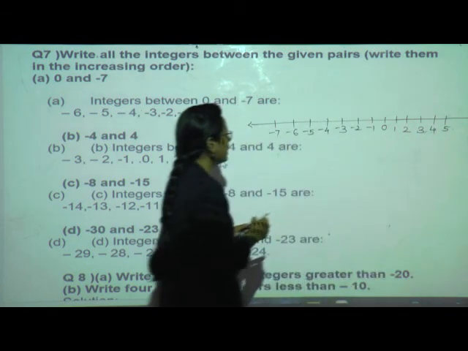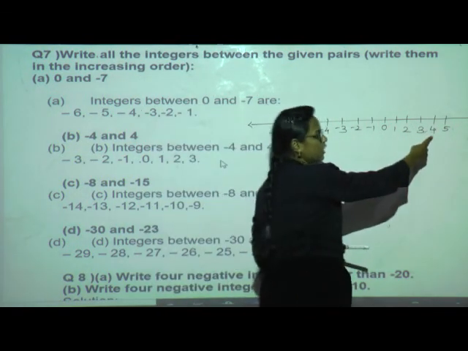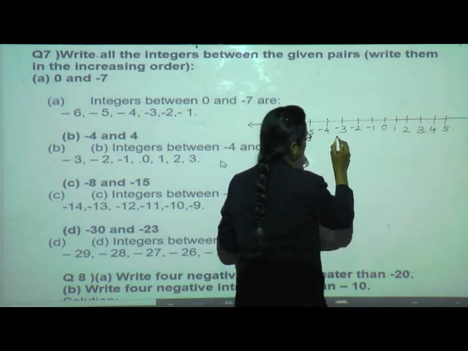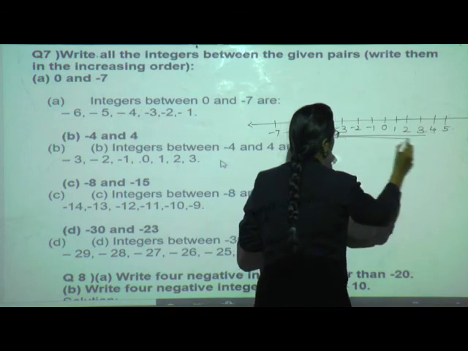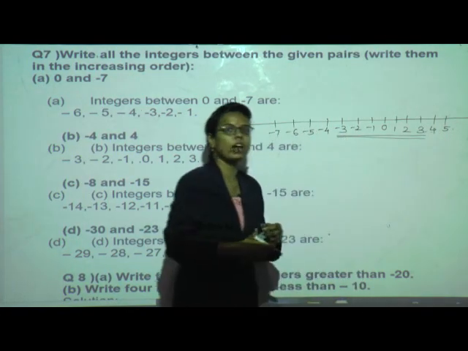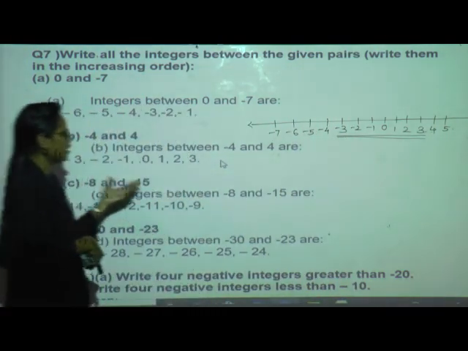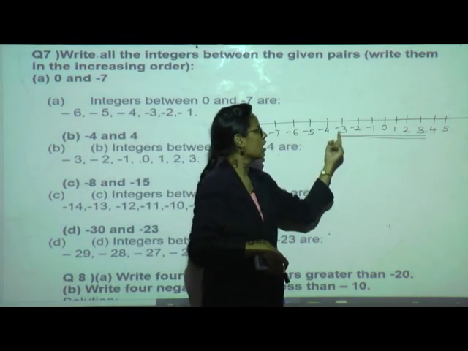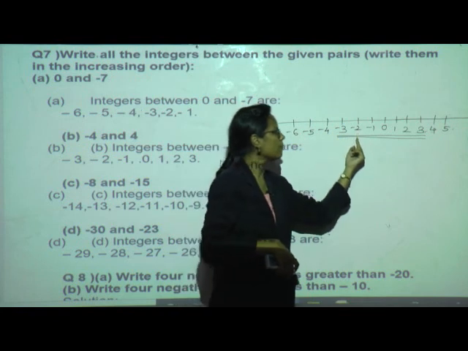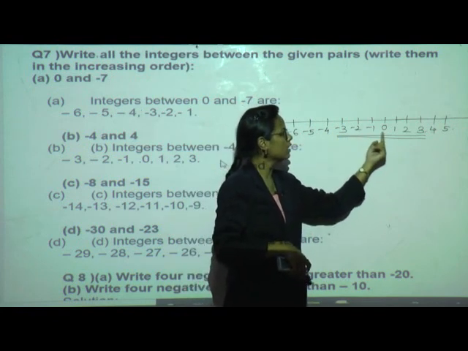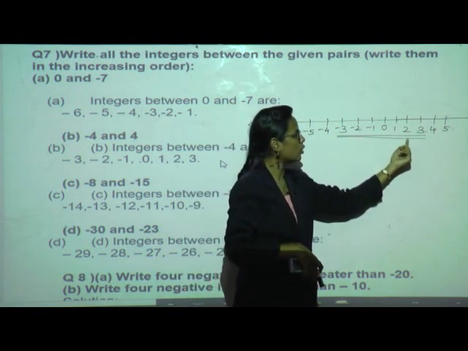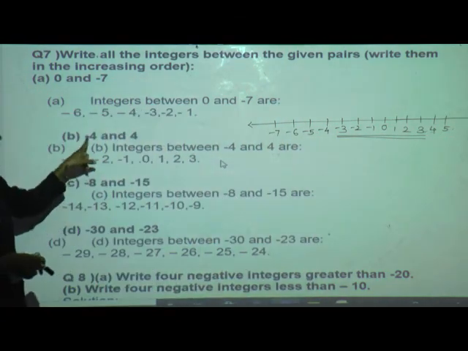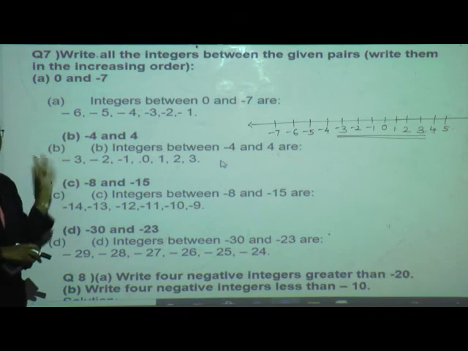We have to find the integers between positive 4 and negative 4. In increasing order we have to go in a reverse way. So increasing order is: minus 3, minus 2, minus 1, 0, 1, 2, 3. So these are the integers between minus 4 and 4.